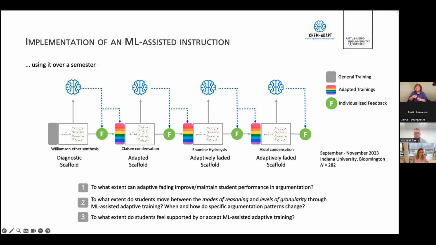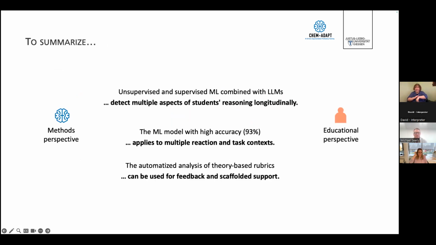I'm a bit running out of time, so I'd like to summarize what I tried to illustrate today: you can use a combination of different machine learning techniques and make use of large language models to be able to detect multiple aspects of students' reasoning. And you can do that longitudinally.